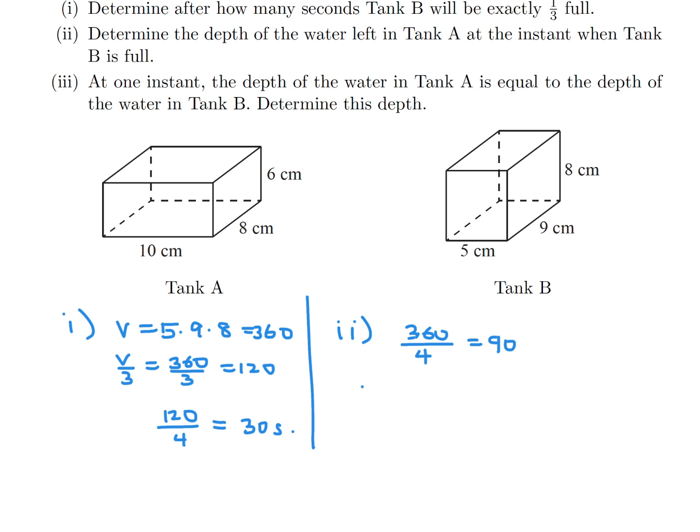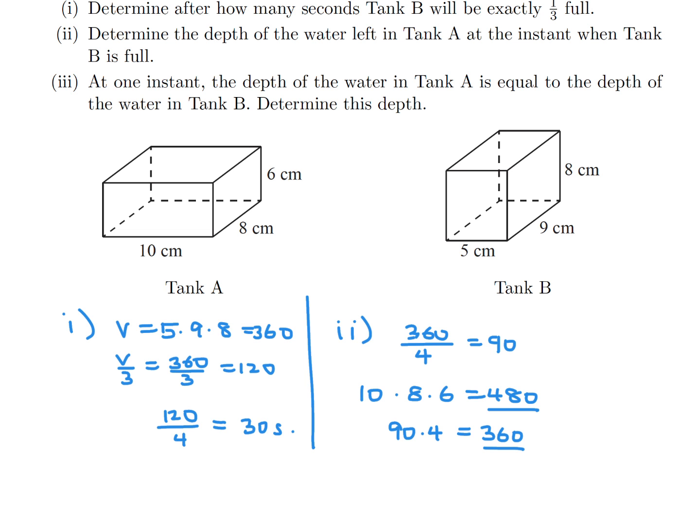So now we turn our attention to Tank A, which is 10 by 8 by 6, which is 480. And after 90 seconds, if it's the same rate, it'll be 360. So the full volume of Tank A is 480, but it's going to be only 360 full.